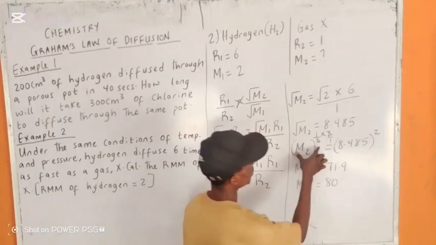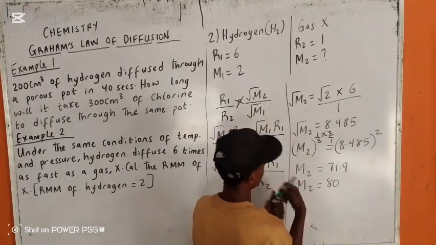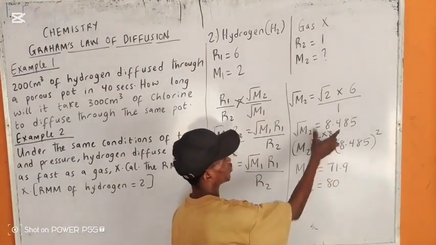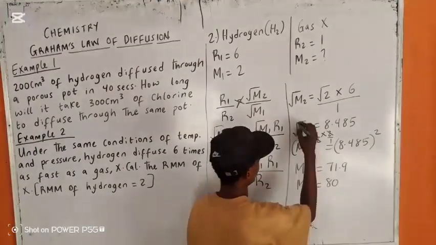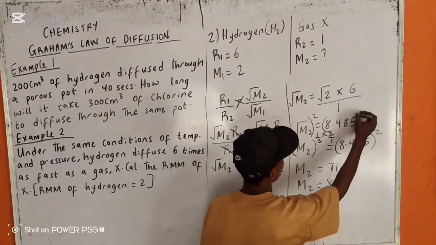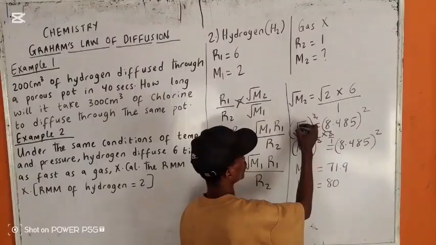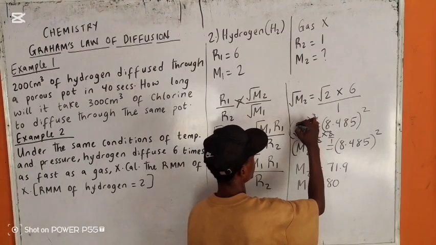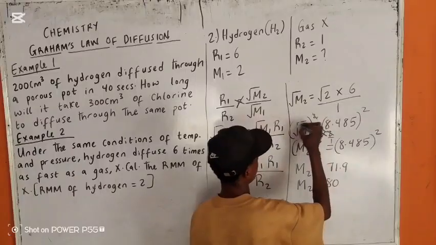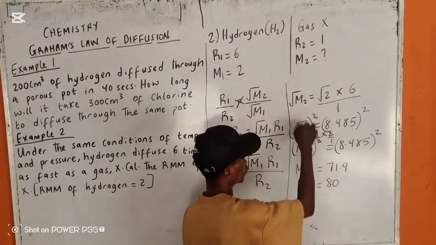If you are confused there, maybe you are not familiar with this kind of method. The same thing: just come here, square both sides, come here, square both sides. You can see these 2 cancel this square root here, so the square root is gone.